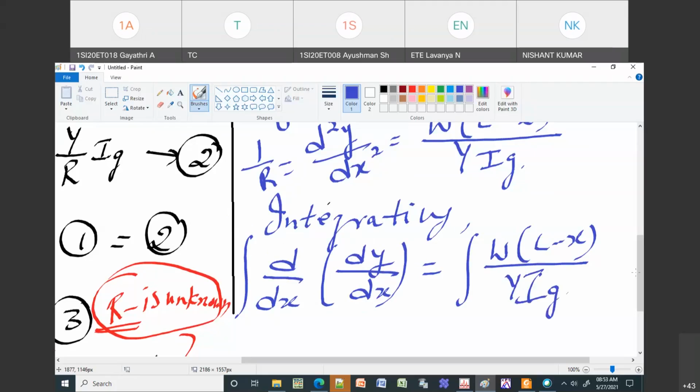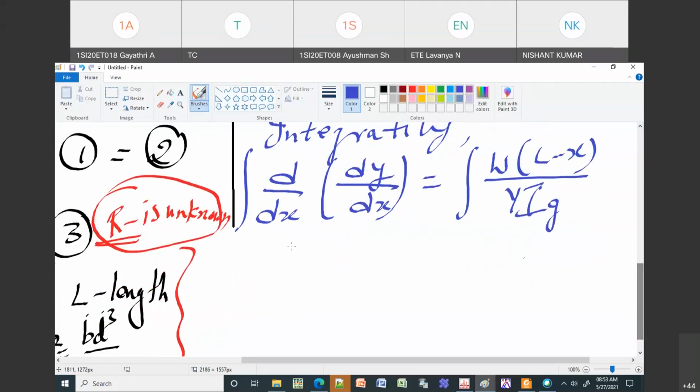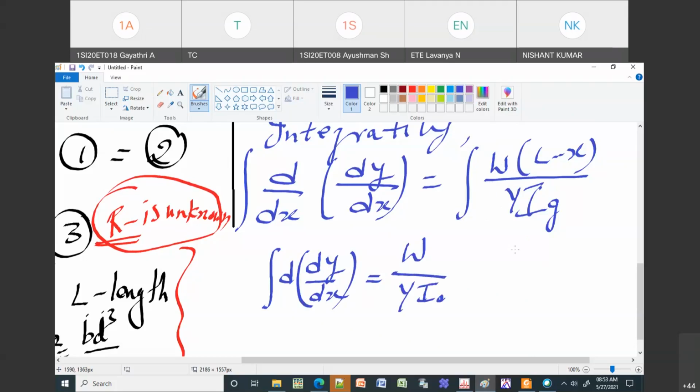Now I cross multiply this dx to the other side, so you get the integral of d(dy/dx) equals, taking all the constants outside, W is weight, Young's modulus is a constant, and Ig, the geometrical moment of inertia, is also constant, the integral of (L minus x) dx.